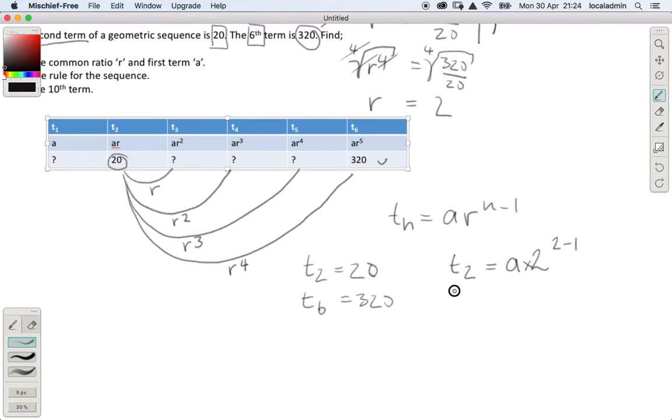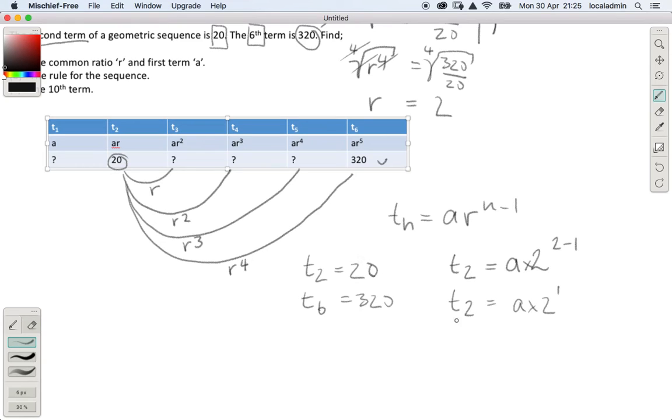Now we can simplify: a times 2 to the power of 1.